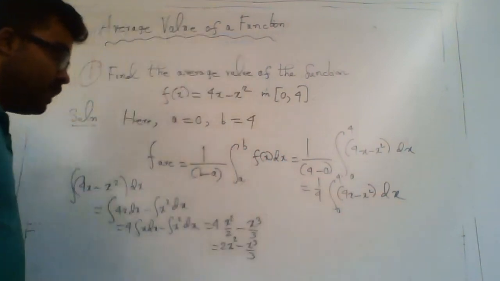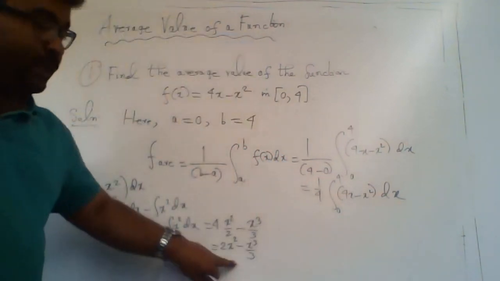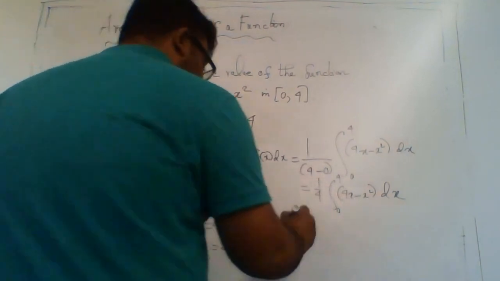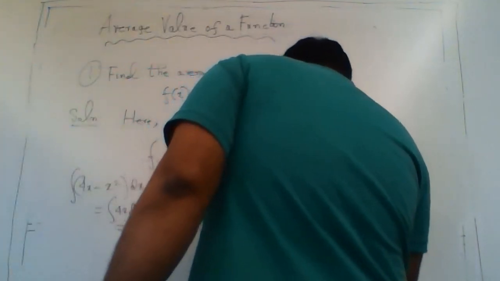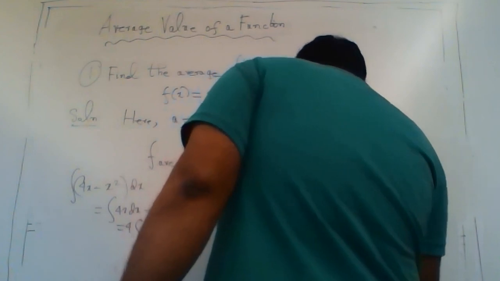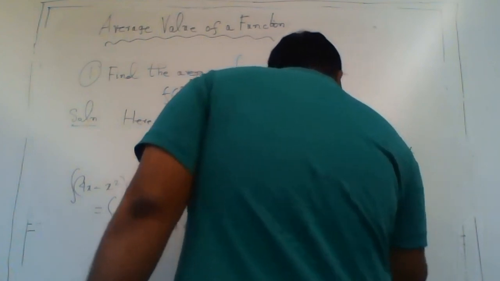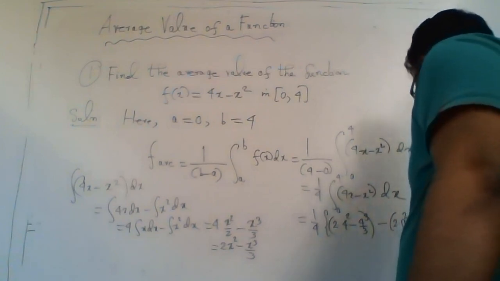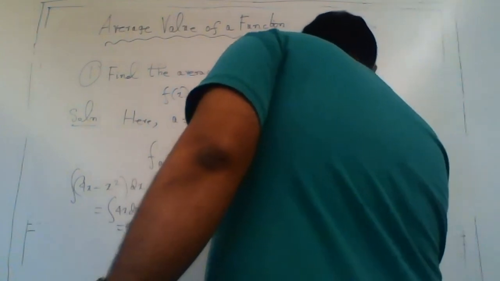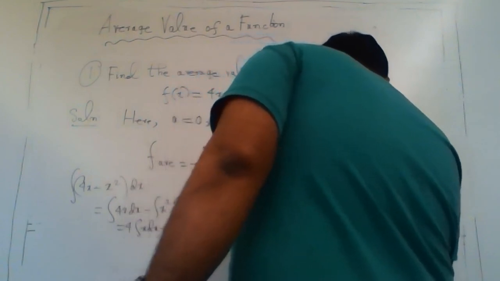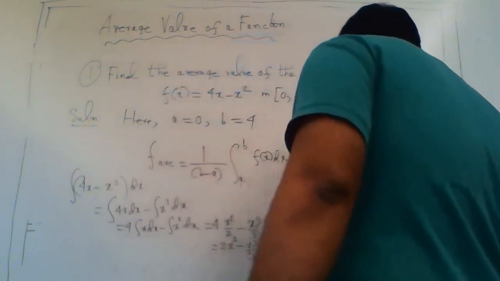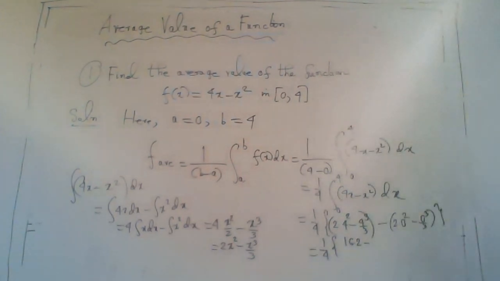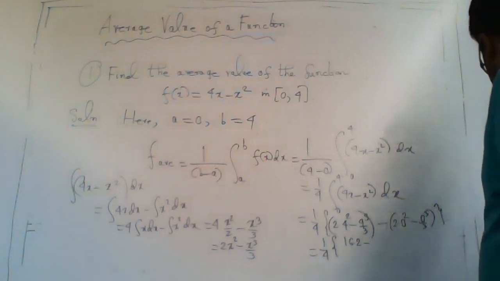In this value you put 4 and put 0 and find the difference. So it will be 1 by 4 times [2 times 4 squared minus 4 cubed by 3, then you put 0: 2 times 0 squared minus 0 cubed by 3]. So you get 1/4 times [16 times 2 minus 64 by 3].